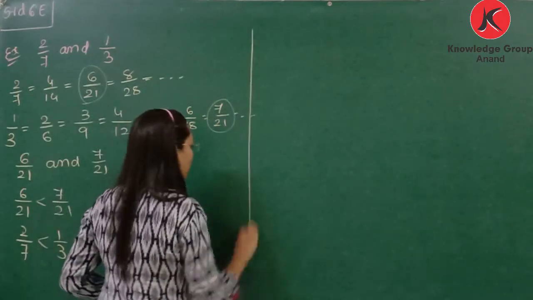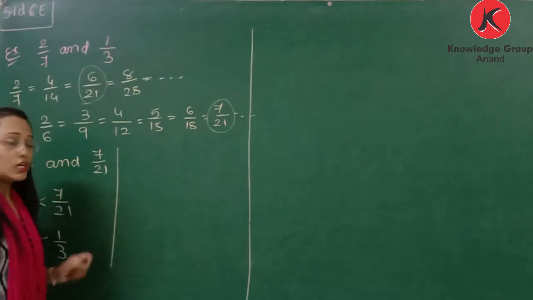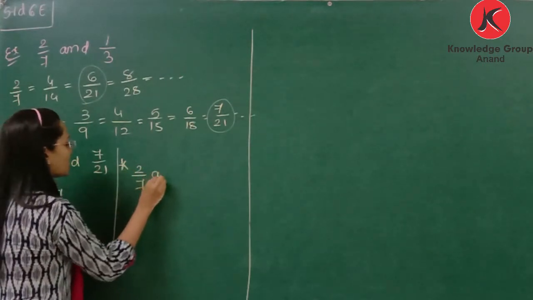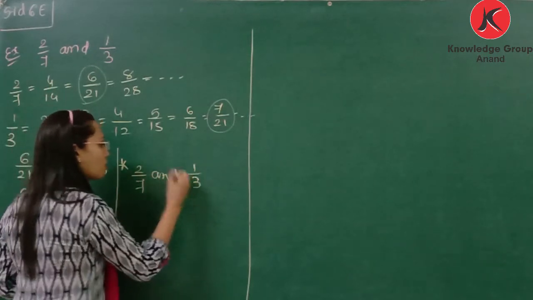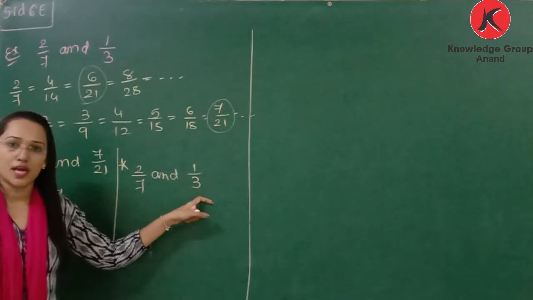But let's take one more method for this. If we want to compare 2 by 7 and 1 by 3, one more method is finding the LCM of 7 and 3.